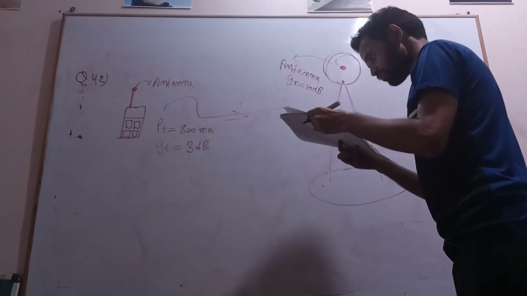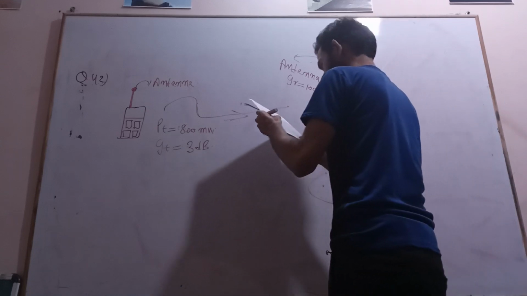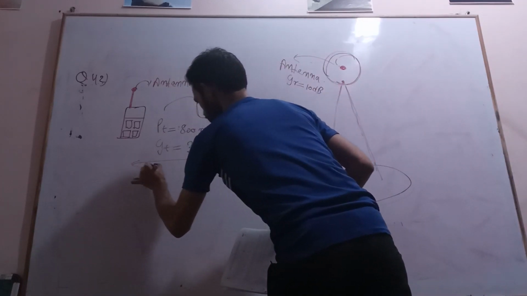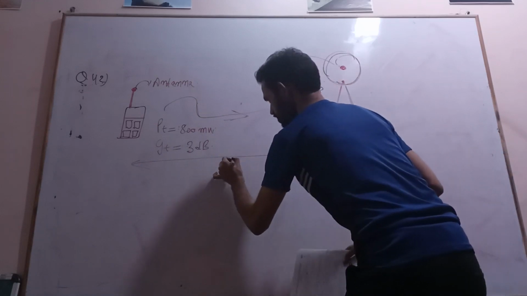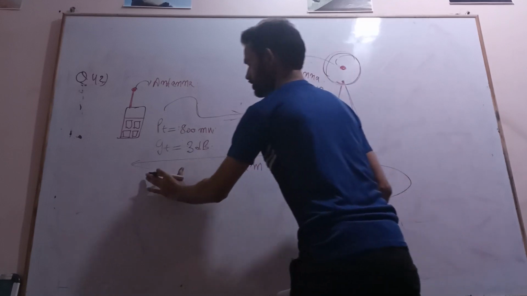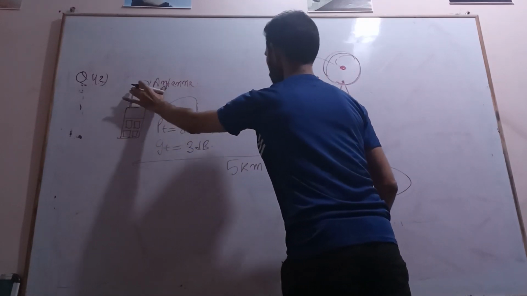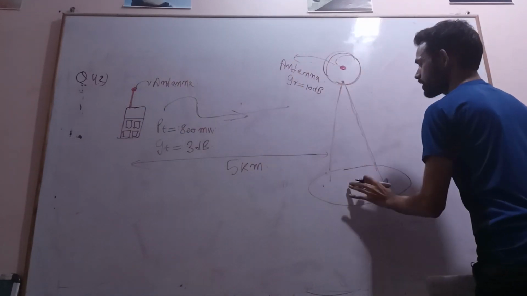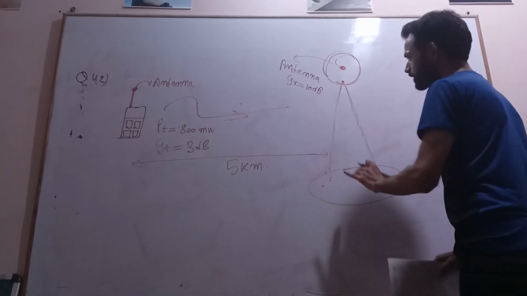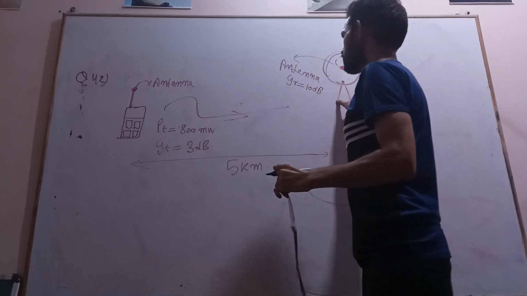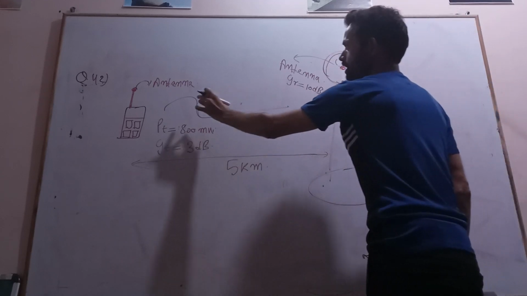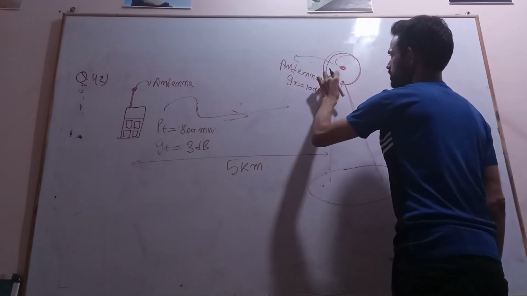So this is 10 dB, and this distance is about how much? 5 kilometer, from my mobile station to this base station, the cell phone tower. Remember the technical name of the cell phone tower is base station, where the signal is received.